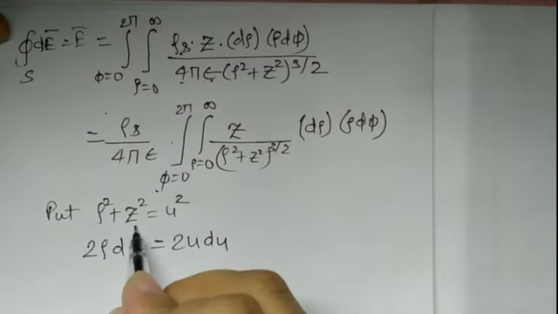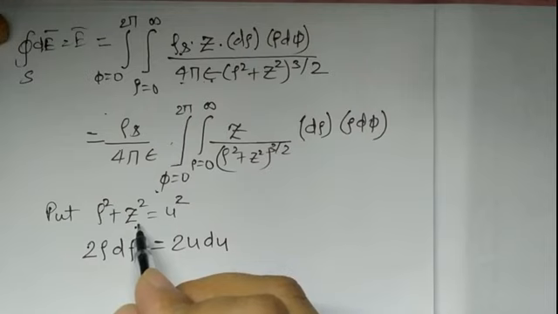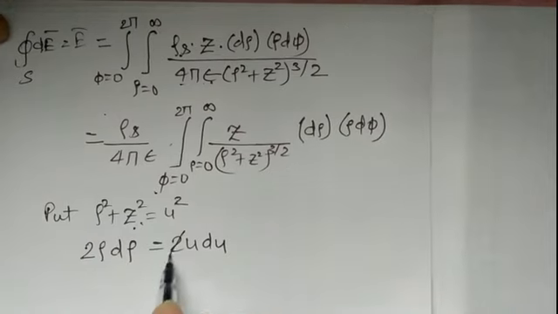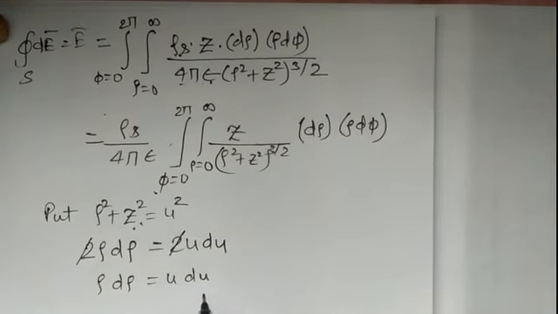I'm considering this z as constant. So 2ρ dρ equals 2u du, the 2 will get cancelled, and therefore ρ dρ equals u du.